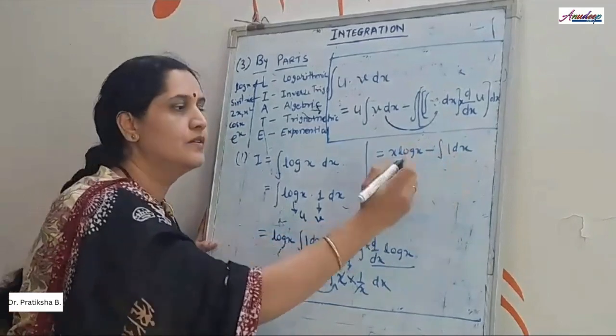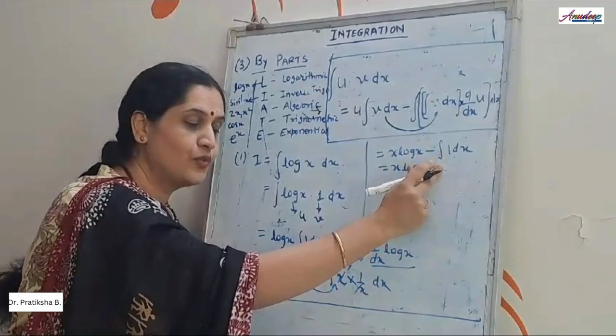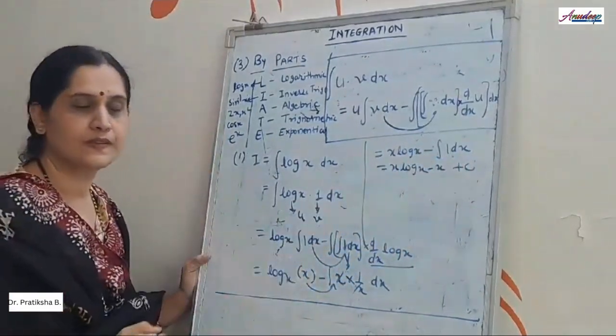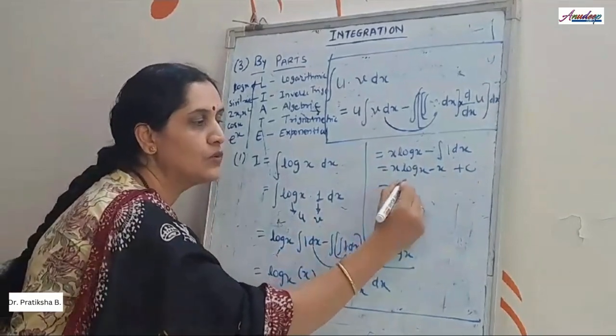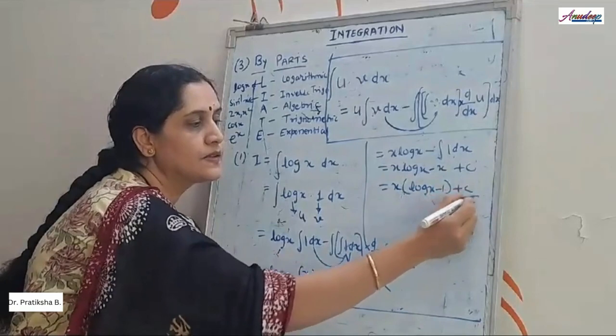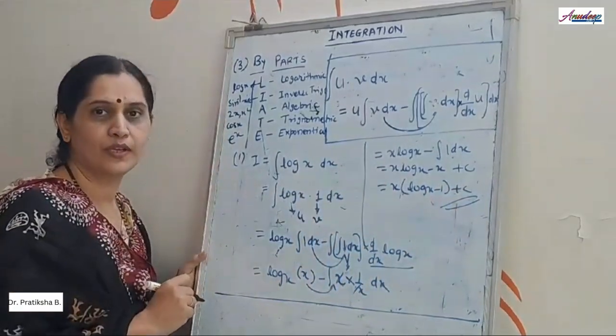So we have x log x, again the integration of 1 dx is x, and the constant of integration is plus c. I can take x common outside and I get x into log x minus 1 plus c. This is the answer when you want to evaluate integral of log x.